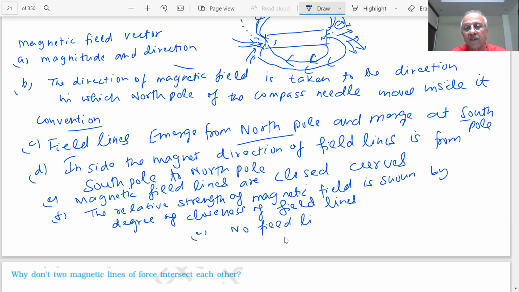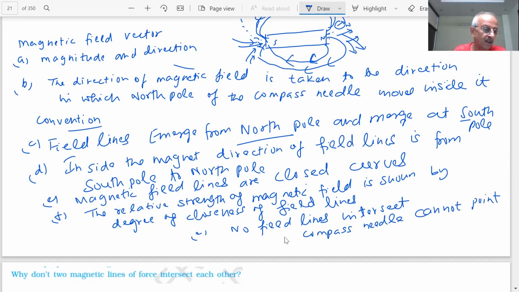No field lines intersect. If they did, it would mean that at the point of intersection the compass needle would point towards two directions, which is not possible. If they intersect, what if I bring the compass, what will happen? The compass needle cannot point in two directions.